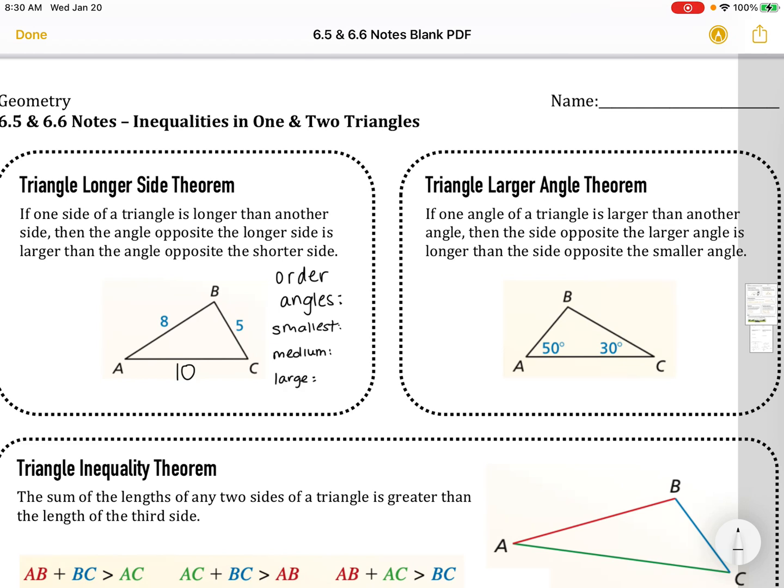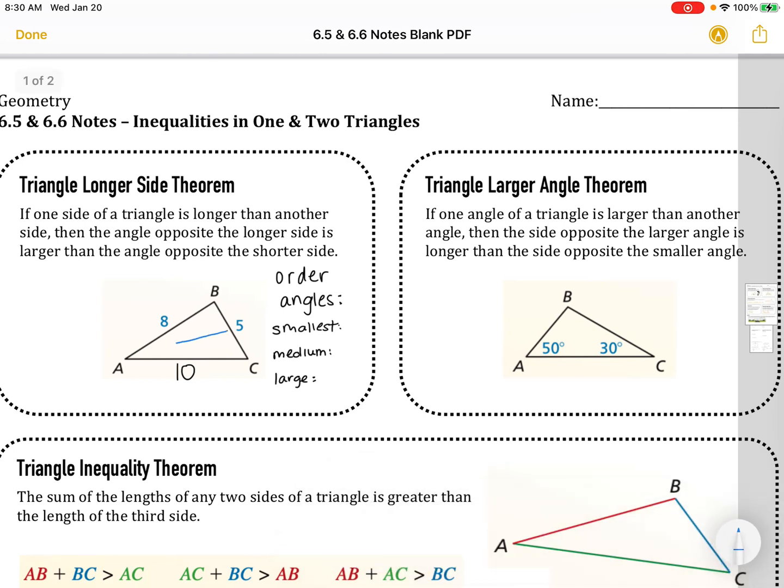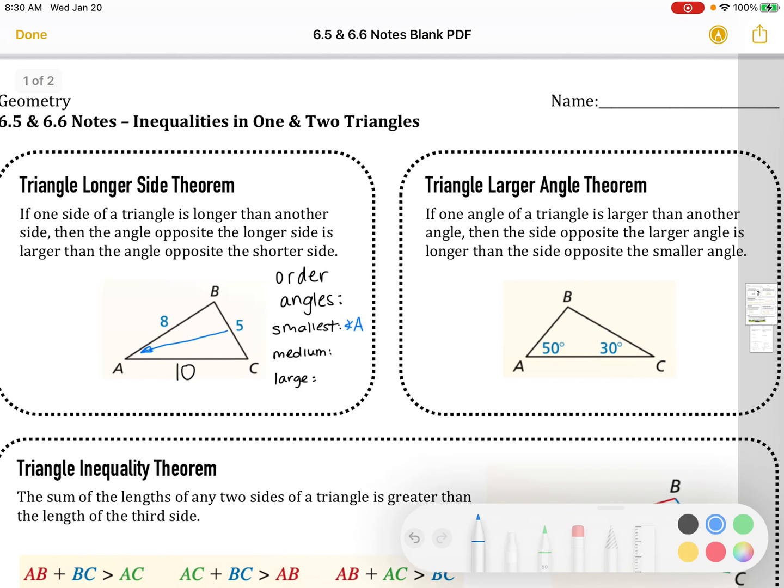Again, I know that side information, and I can tell you exactly how long the sides are, but it gives me some information about the angles as well. So the smallest angle is across from the shortest side. The smallest side here is 5, so the smallest angle is angle A. I don't know how many degrees it is exactly. We don't have the tools for that yet, but I know it's the smallest angle.